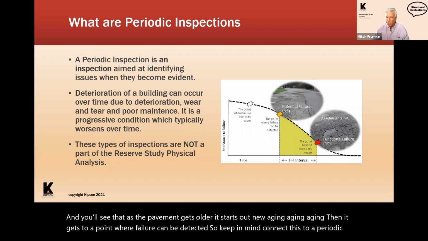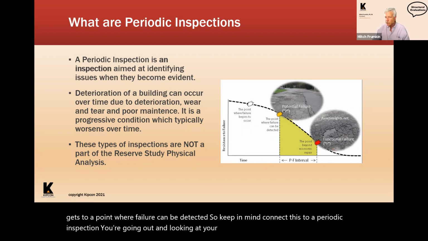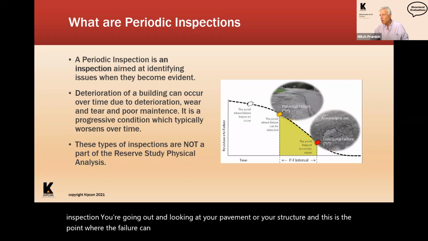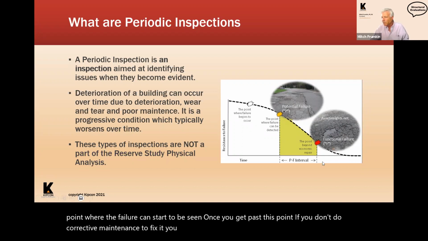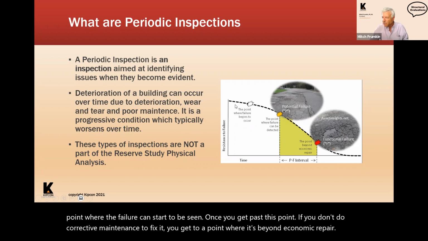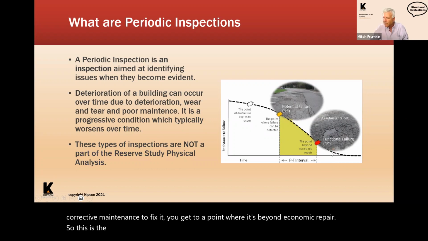You're going out and looking at your pavement or your structure, and this is the point where the failure can start to be seen. Once you get past this point, if you don't do corrective maintenance to fix it, you get to a point where it's beyond economic repair. So this is the value of periodic inspections, that you get to this point where this little yellow, whatever it is here, says potential failure.